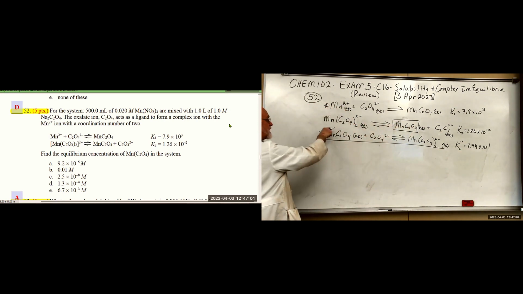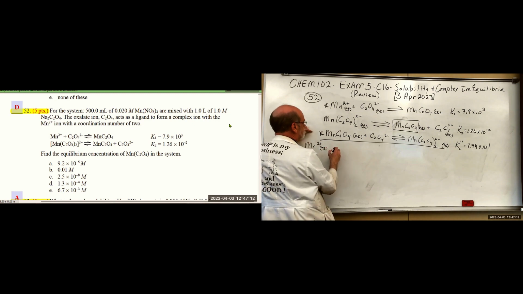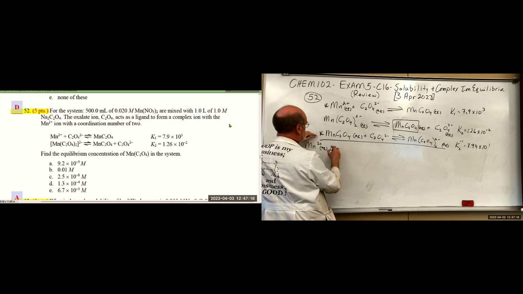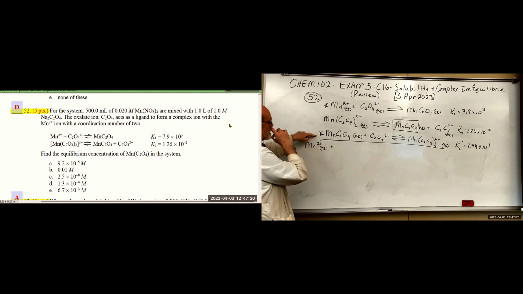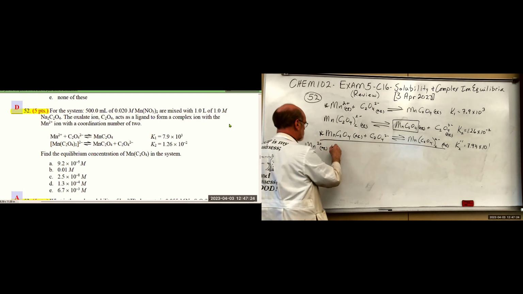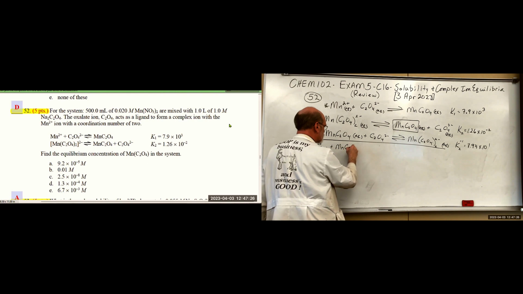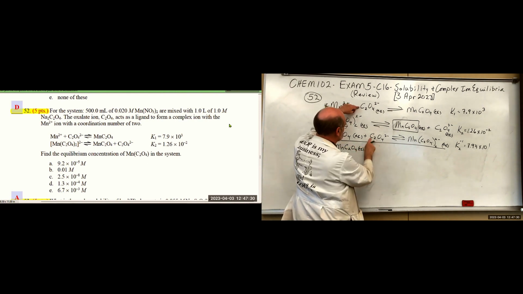So we need to add these two together. Mn2+ plus... is that right? Yes, that's right. MnC2O4, and we've got two of these.